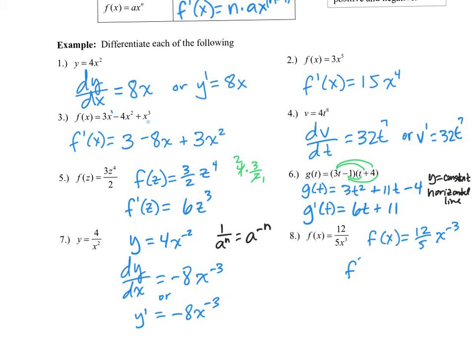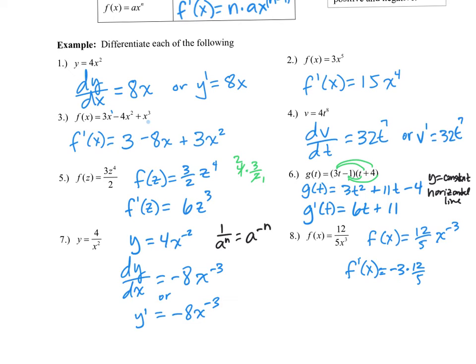So now when I go to find f prime of x, I'm going to take negative 3 times 12 fifths. I'm going to write that a little bit better. Hold on just a second. Make it a little bit clearer. Okay, negative 3 times 12 fifths.